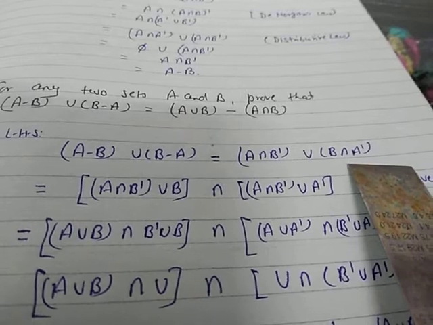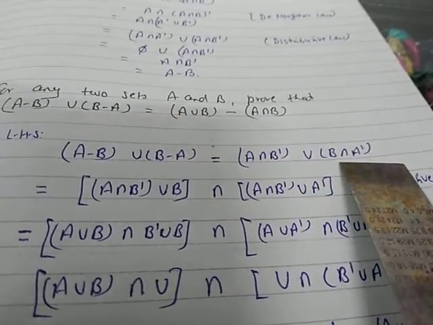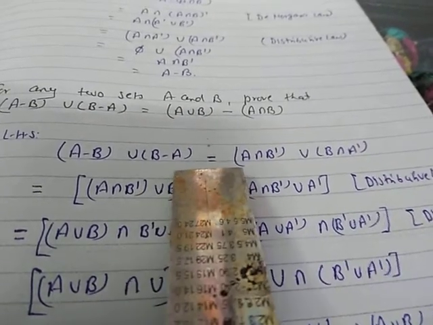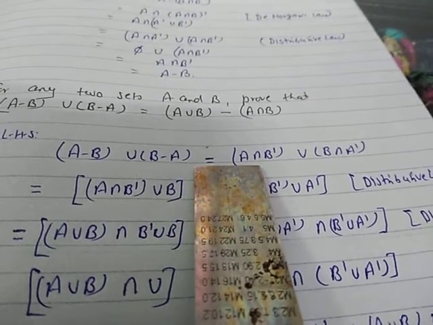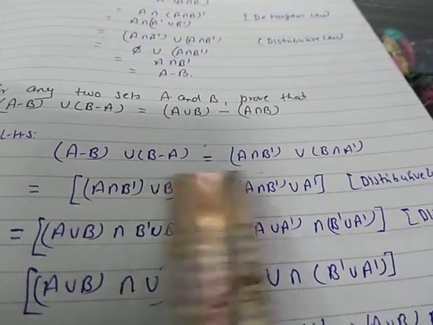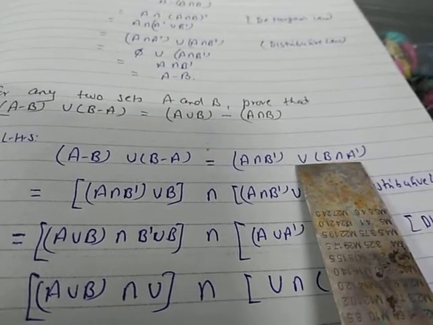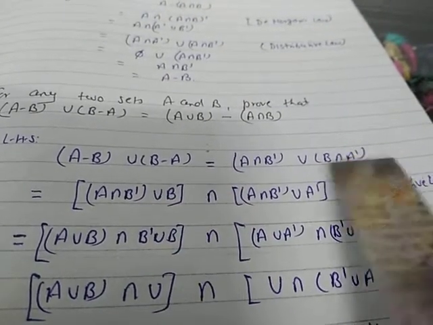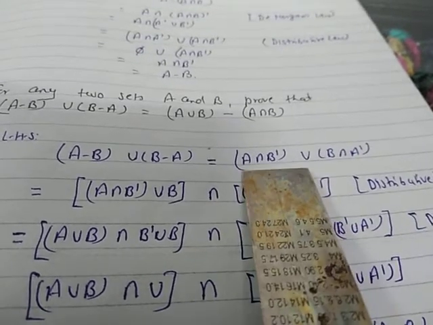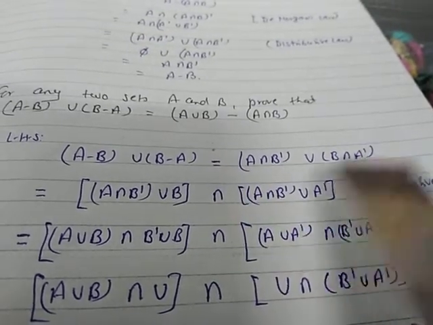Okay. Now intersection is common. First, distributive law. A intersection B complement, this one is going to be distributed with B with the sign of union, and intersection is here A intersection B complement union A complement.